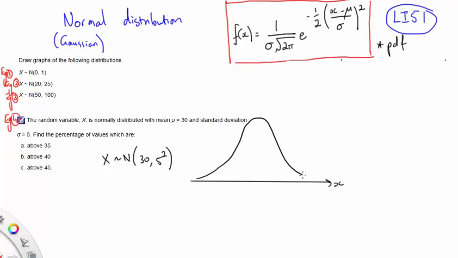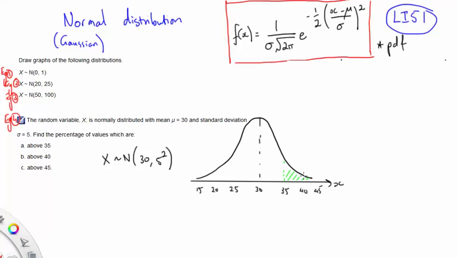There's our bell curve. Okay, so our mean is 30 and we want 35's about there, 25's about there, that's about 20, that's about 15, it's about 40, it's 45. Okay, so find the percentage of values which are above 35. So we want the percentage of values that are above here.